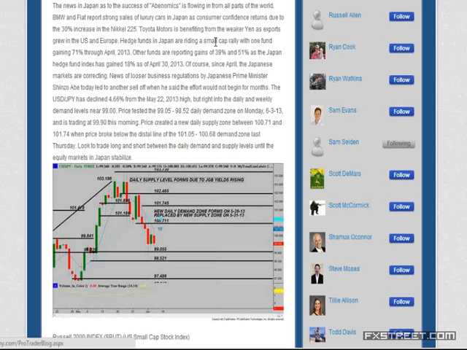And hedge funds in Japan are riding a small cap rally, with one fund gaining 71% through April of 2013. Other funds reported gains of 39 and 51%, as Japan's hedge fund index gained 18% as of April of 2013.